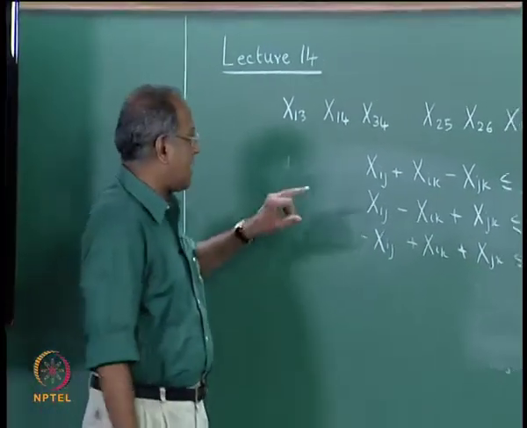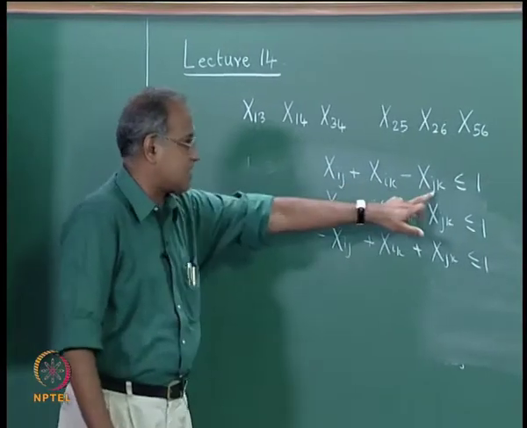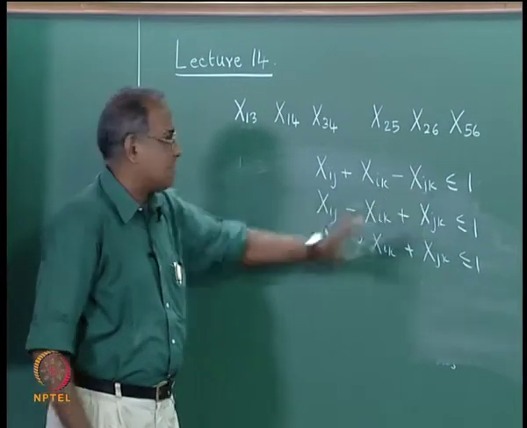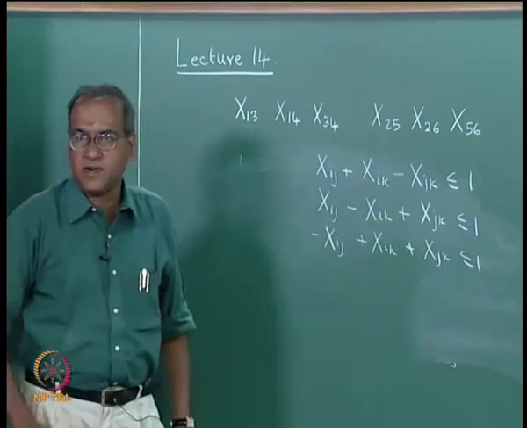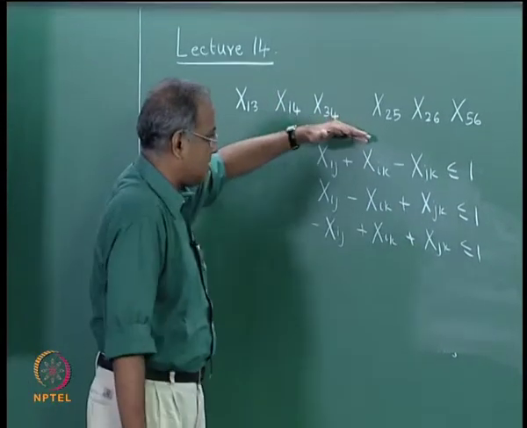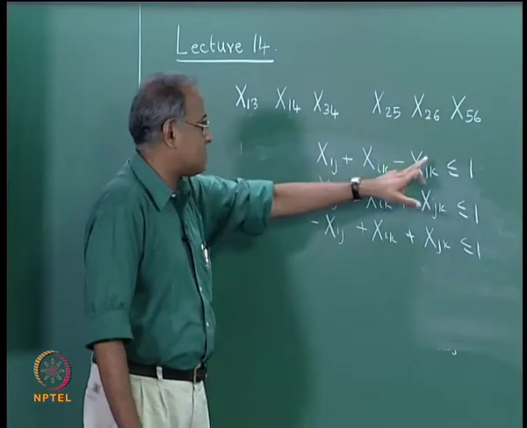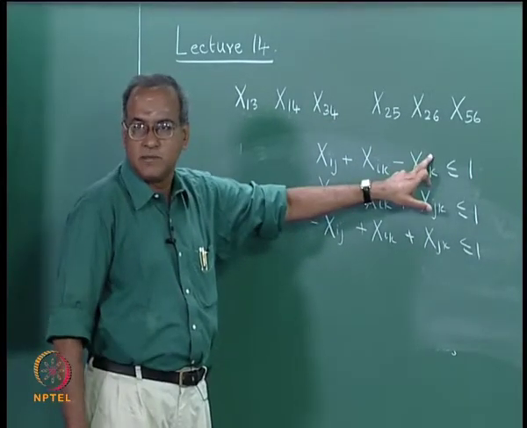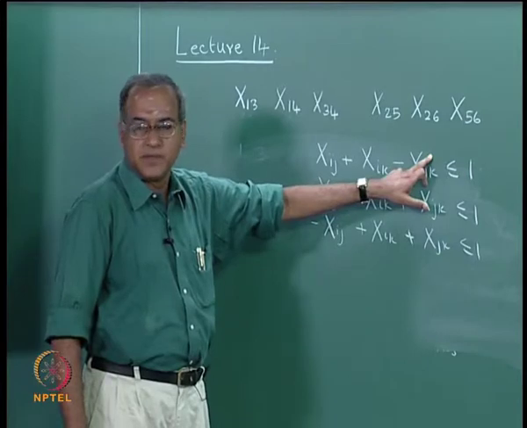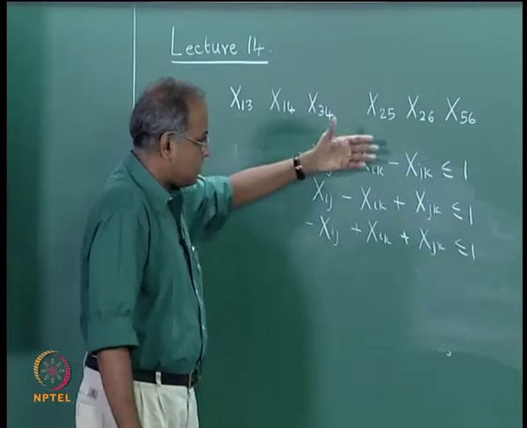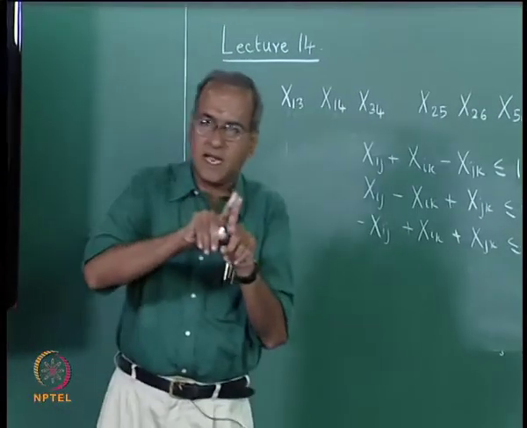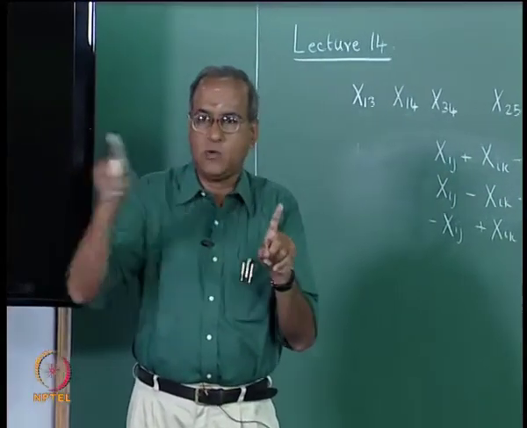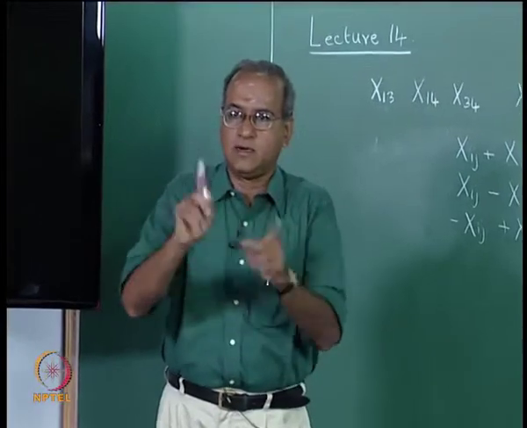Now, let us look at a case when this is 1 and this is 0. So, this will be 2 less than or equal to 1, which is not satisfied. So, automatically when these two take 1, this one has to take a value 1 because xij is binary. So, this will force it to 1 and the other constraints will be satisfied. So, if xij and xjk are 1, then it will force xik to 1.